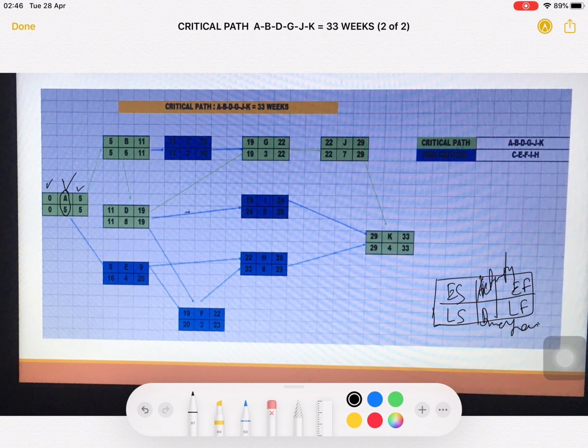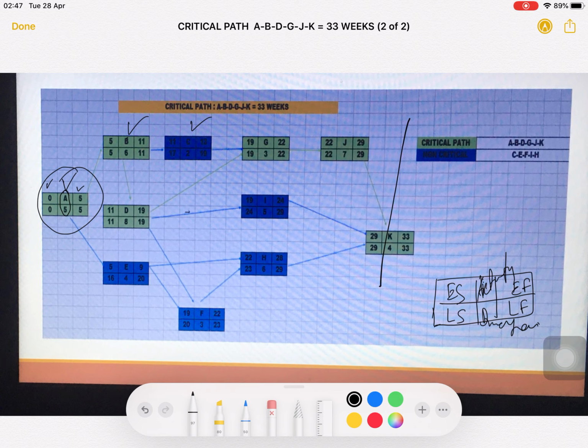So let us start. In the chart, for activity B the predecessor is A. Once activity A is finished, then activity B can start. For activity C the predecessor is B, so B will finish and then C can start.